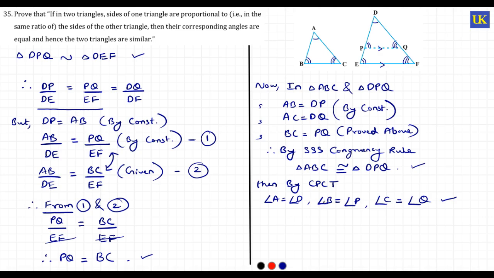The remaining things are the angles, because all the three sides we have proved already they are equal. So the angles were remaining, and by using CPCT, we can say that even the angles are equal.